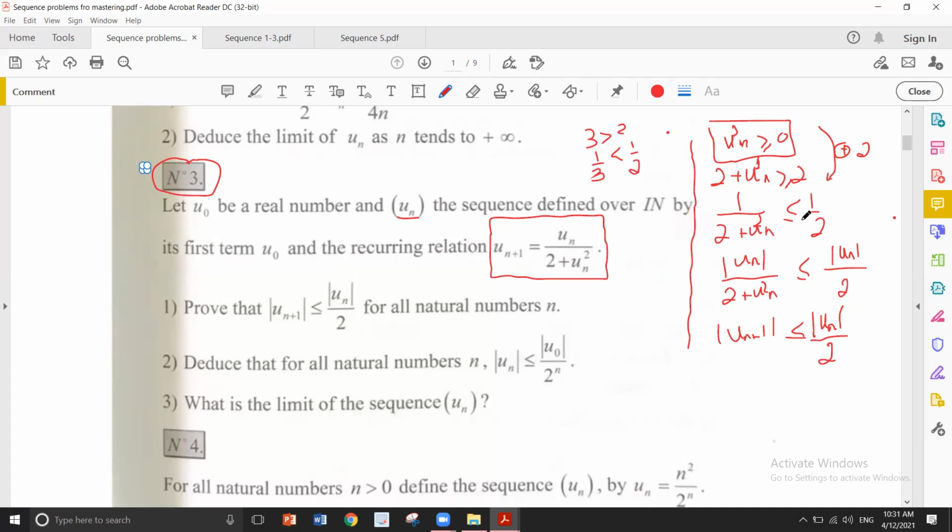I multiply by UN each side. Here بيصير UN, here بيصير UN over 2. So absolute value of UN plus 1 is less than or equal to UN over 2. Yes, مين كان بدي يسأل؟ أخذ الجواب.